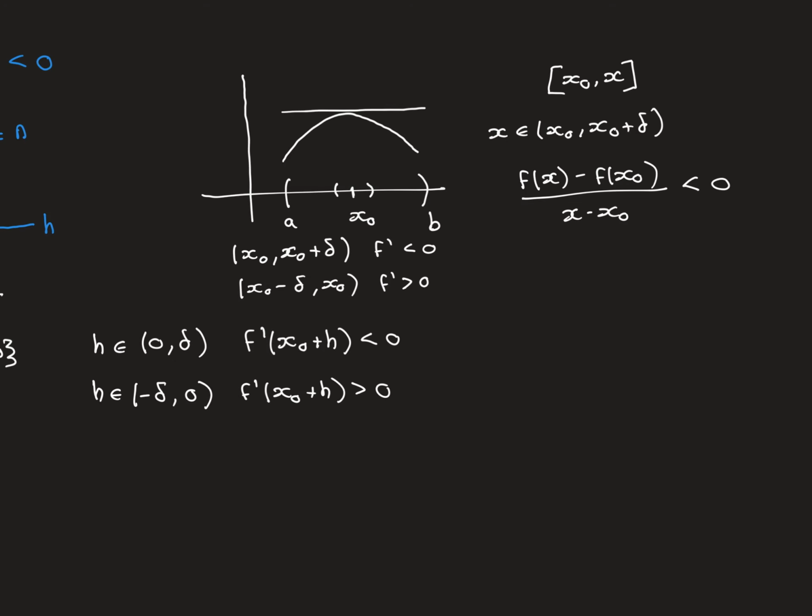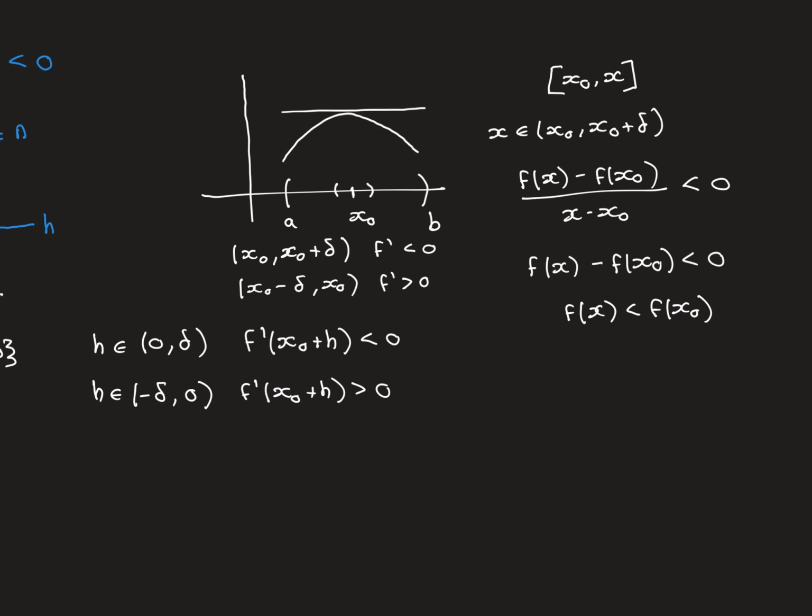But I know that that point is going to be inside this interval here, and I know that the derivative of the function f for every point in that interval is less than 0, so I can therefore conclude that this difference quotient is less than 0, and then I just rearrange this to get that the value of the function at x is going to be less than the value of the function at x0.